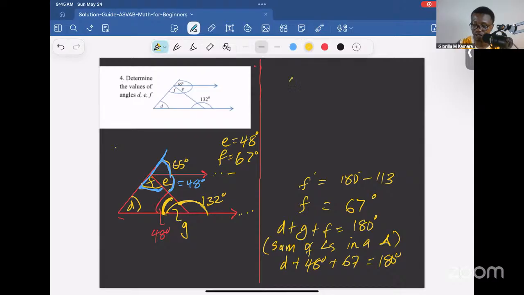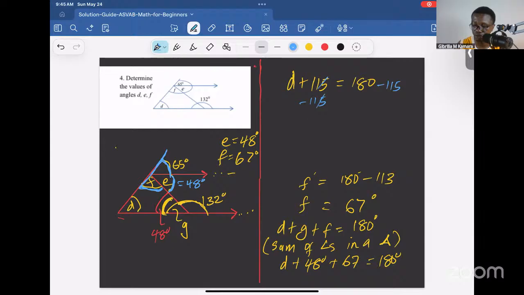So we have D plus, if you add 48 and 67, that gives you 115. 180 minus 115, minus 115.